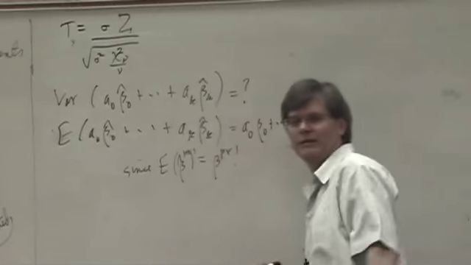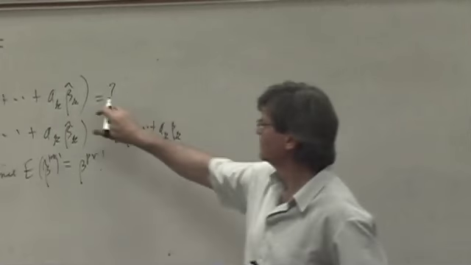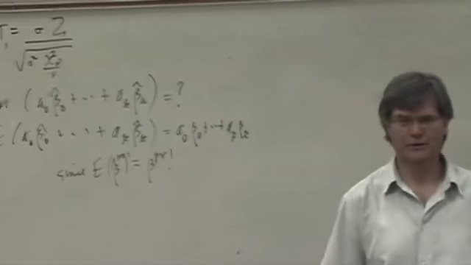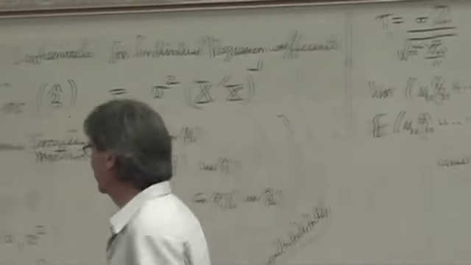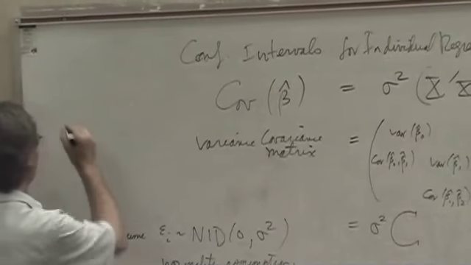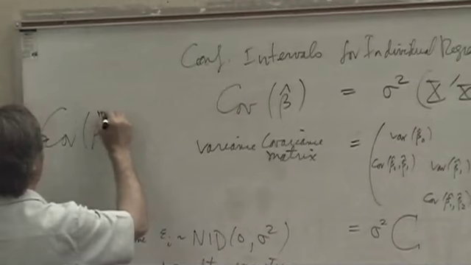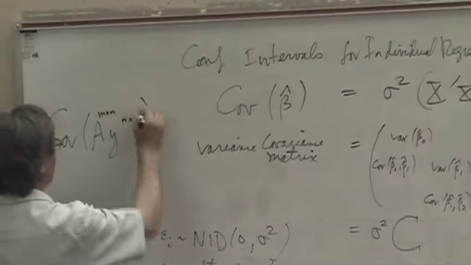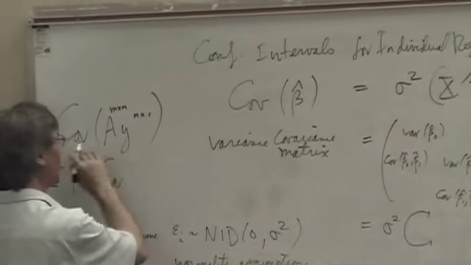This is a little exercise for us at this moment. How would I handle such a thing? What was the little handy-dandy formula I had last time that I thought everybody grokked, but I'm not sure anybody remembers at this point? The covariance of A times Y, where A is an M by N matrix and Y is an N by 1 vector, came out to be A times the variance covariance matrix of Y times A transpose.